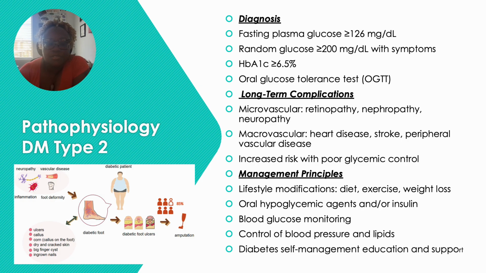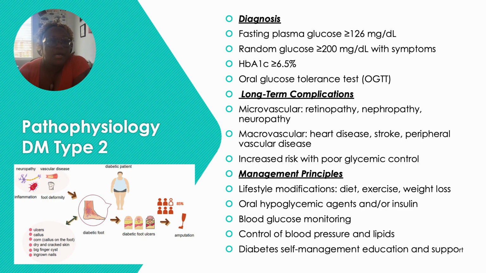Some management principles, lifestyle modifications. We want to get that diet and exercise and weight loss on board in conjunction with medication management. Oral hypoglycemic agents and/or insulin, blood glucose monitoring, control of blood pressure and the lipids. Diabetes self-management education and support.